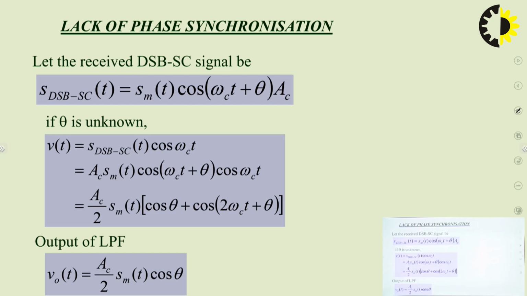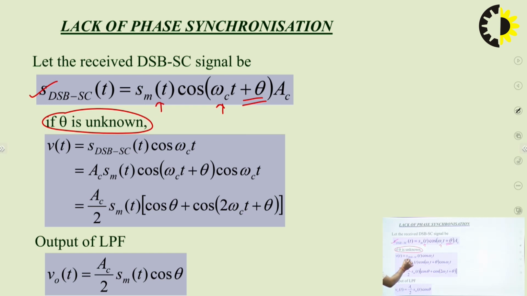Let us see. This is our double sideband suppressed carrier signal, which is basically the product of message signal and carrier signal. And if this carrier signal has an angle theta, where this theta is unknown to the receiver, then what happens?